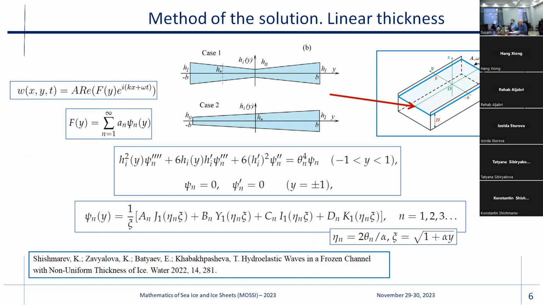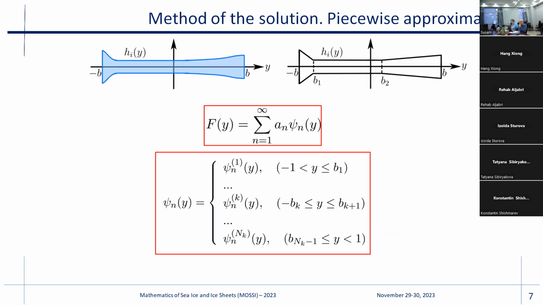Parameters and coefficients of these Bessel functions can be calculated, and then we can obtain dispersion relations and other wave characteristics using the method which I will show further. In this presentation, I will focus on a solution for arbitrary thickness using this piecewise linear approximation.